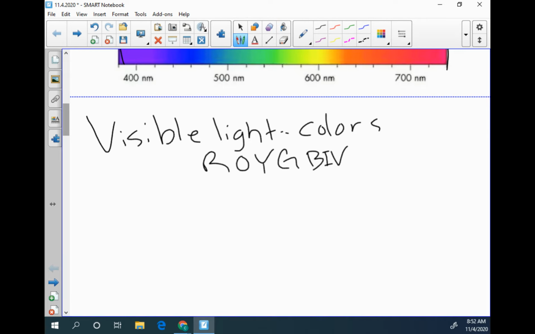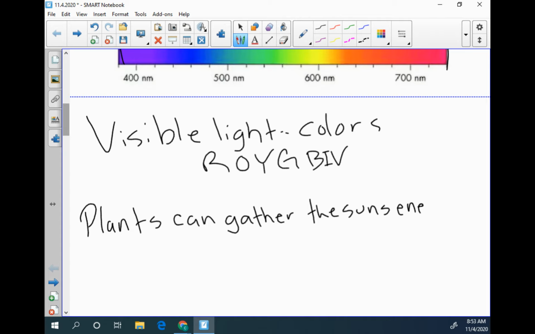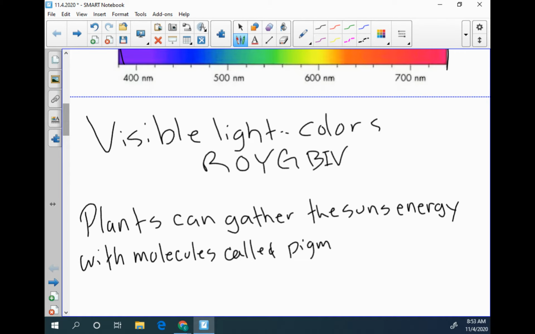So, plants can gather the sun's energy with molecules called pigments. Pigment is a word used a lot when people talk about color.